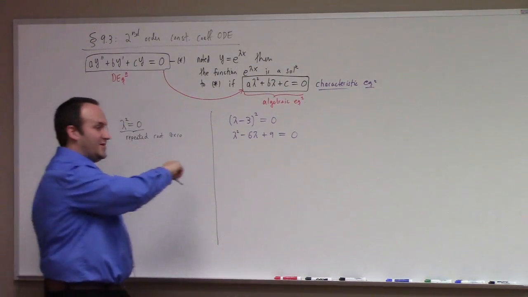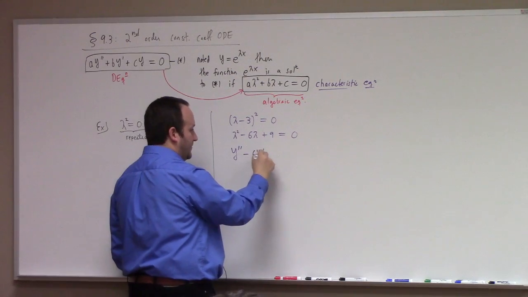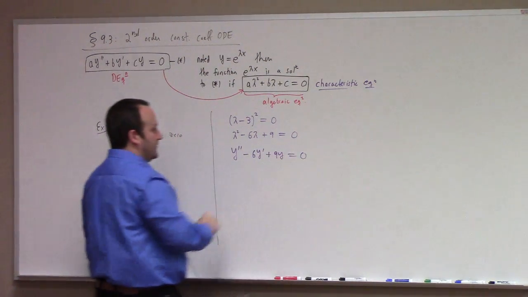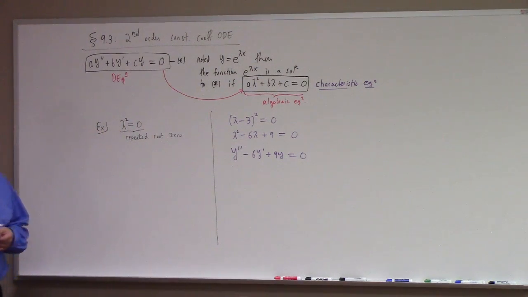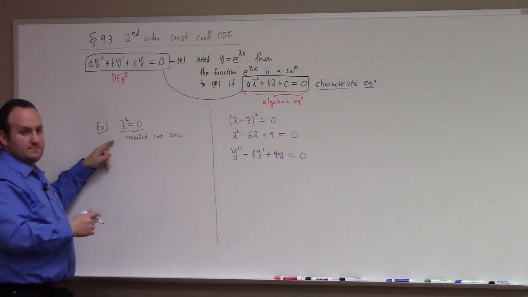I'll do the harder one over here. This would come from the differential equation y prime prime minus 6y prime plus 9y equals 0. If I faced that second order differential equation, I would get the characteristic equation right above it. Thinking backwards.